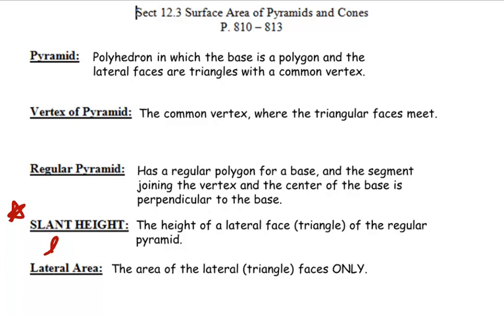That is referring to your slant height. The slant height is the height of a lateral face of your pyramid. Those lateral faces on your regular pyramid are triangles, and what we're looking at is the height of that triangle.